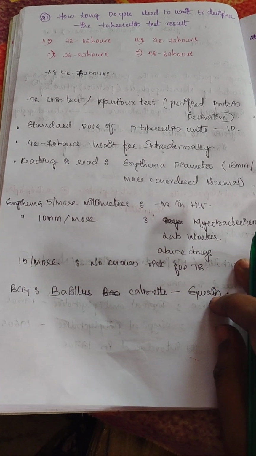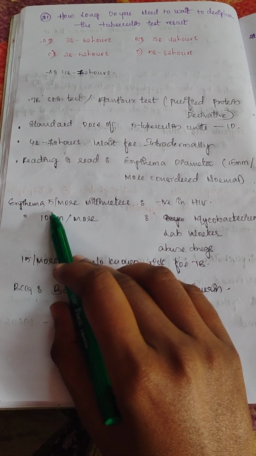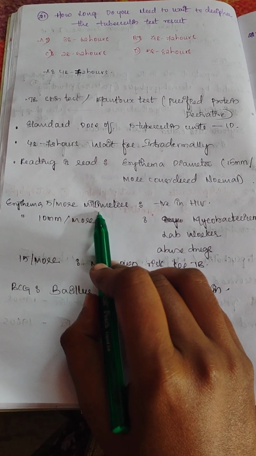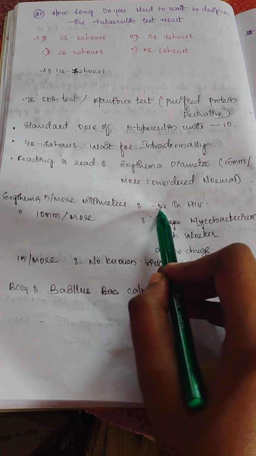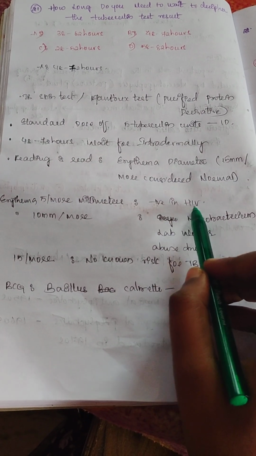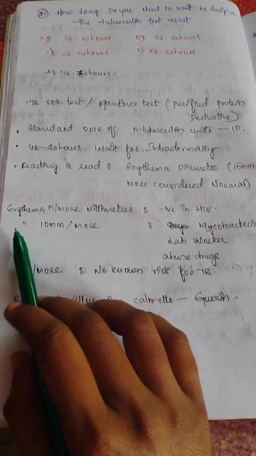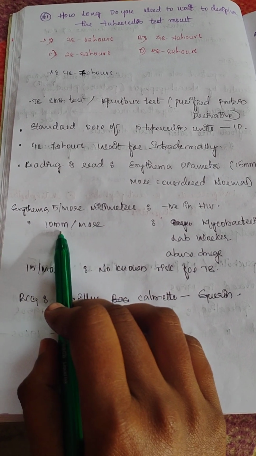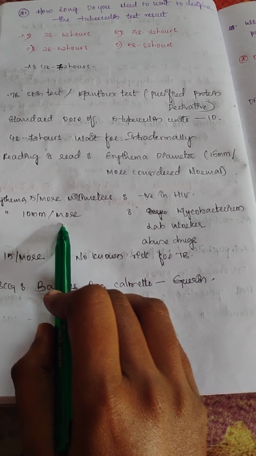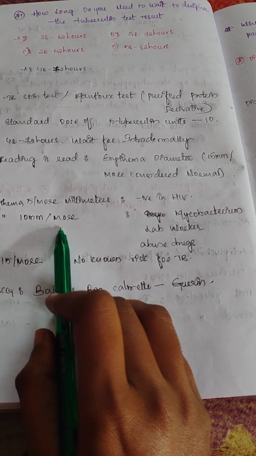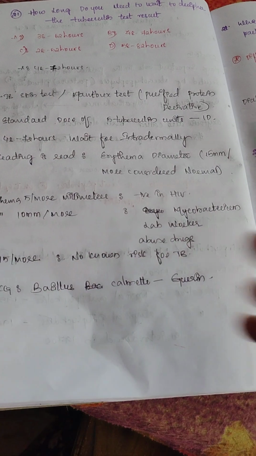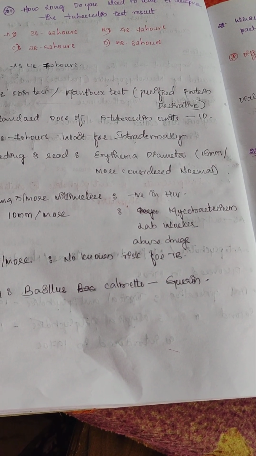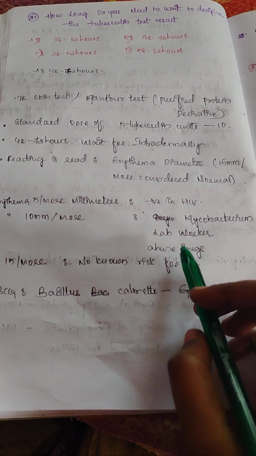After 48 to 72 hours, if erythema is 5 or more millimeters, then it is positive in an HIV patient, nothing but an HIV patient who has tuberculosis. If the erythema is 10 mm or more, it is an indication that the person is abusing drugs.